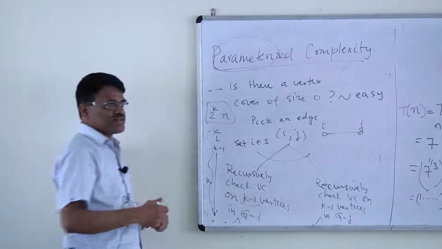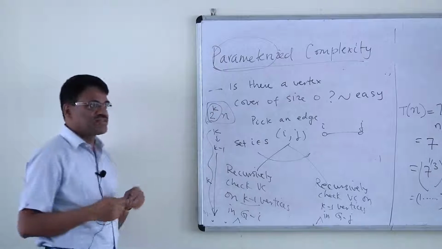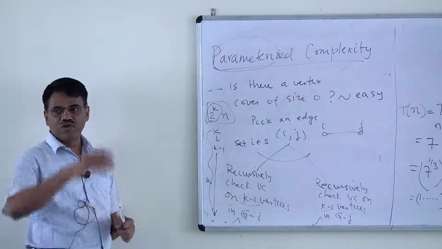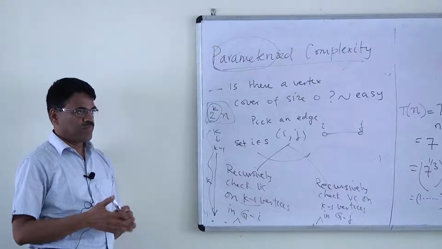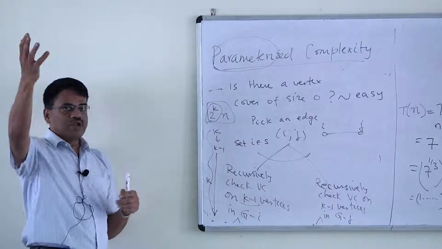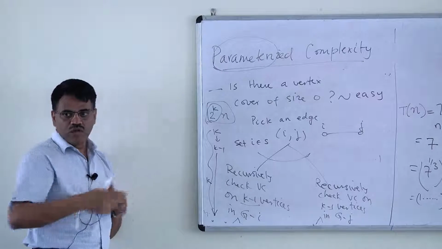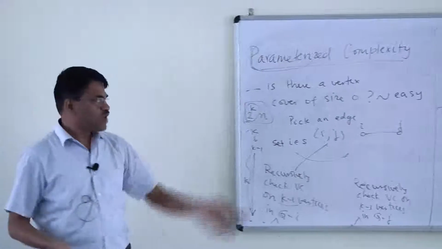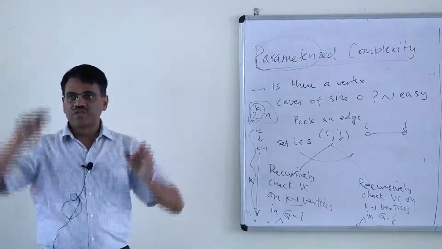Here again there is this game: can you improve the base of this 2? The answer is yes. There has been a lot of work over a series of papers. Currently we know it's like 1.3 to the power k plus n. Similar to NP-completeness theory, there is a notion of hardness here, where even in this parameterized setting there are problems where you cannot get an algorithm of this type; k has to be in the exponent.